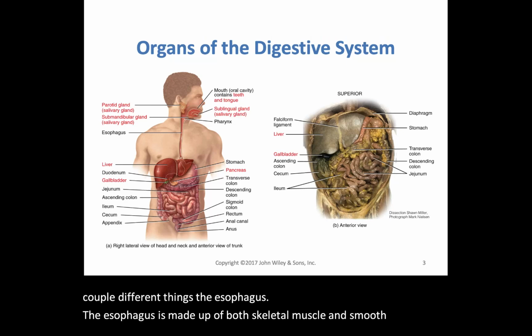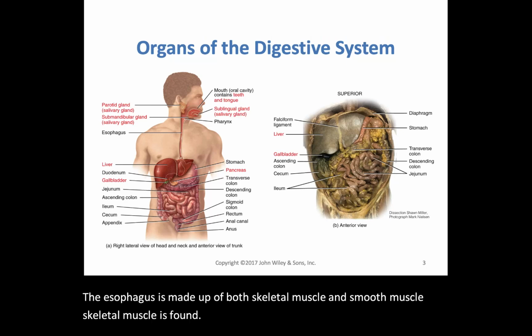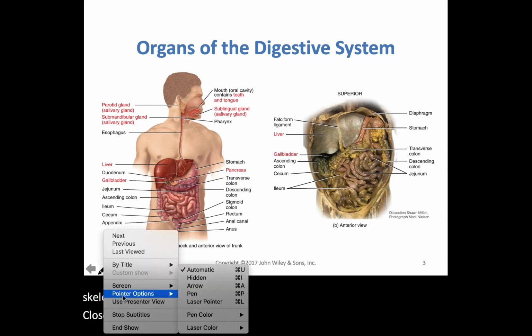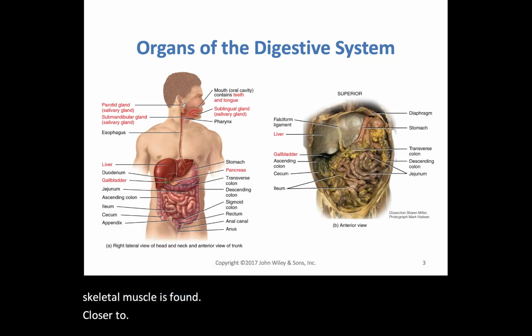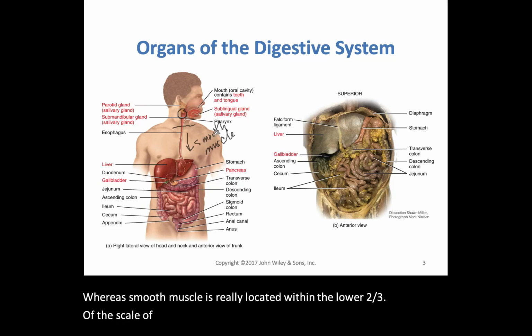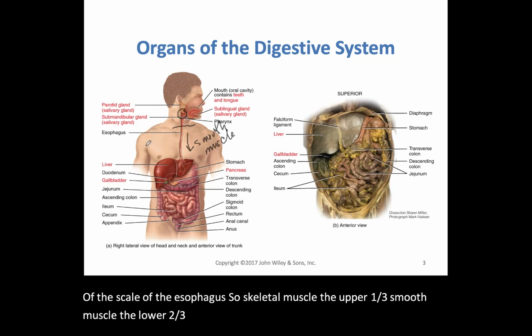Skeletal muscle is found closer to the oral cavity, whereas smooth muscle is really located within the lower 2/3 of the esophagus. So skeletal muscle, the upper 1/3, smooth muscle, the lower 2/3 of the esophagus.